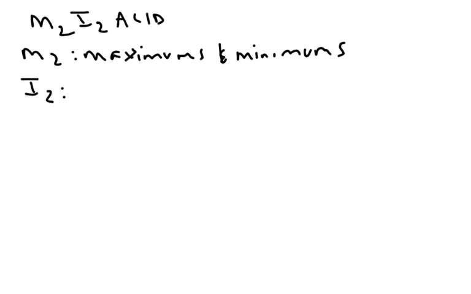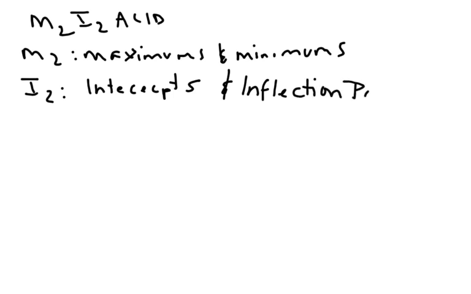I2 is for intercepts and inflection points, which is points of inflection, POI. A is for asymptotes.